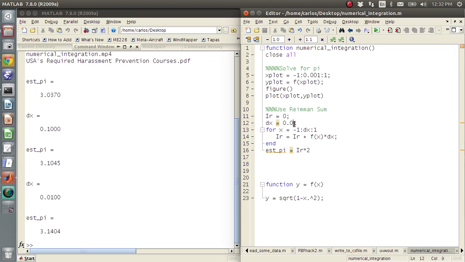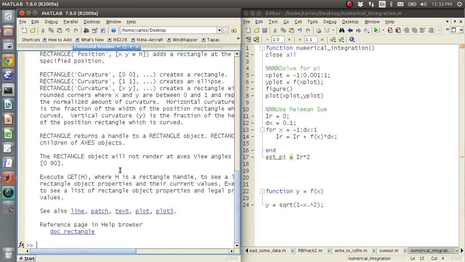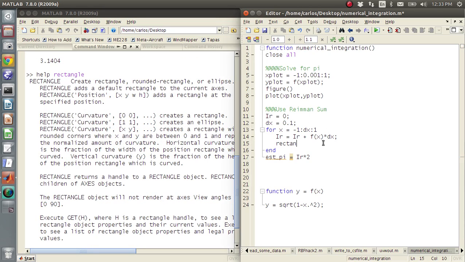So one thing that I like to do to make this more visually appealing is I actually like to do, I think it's called a rectangle, help rectangle. And basically, you do rectangle position, and then you do the x-coordinate, which is x, the y-coordinate, which is f of x, the width, which is dx, and the height, which is f of x.